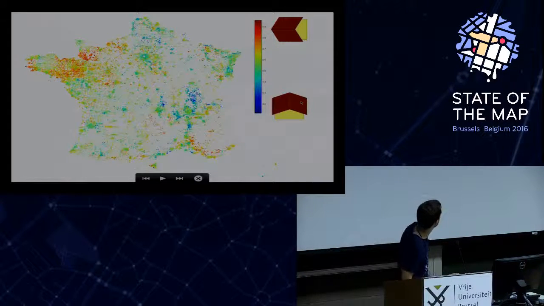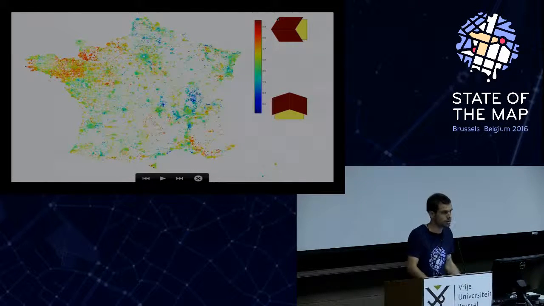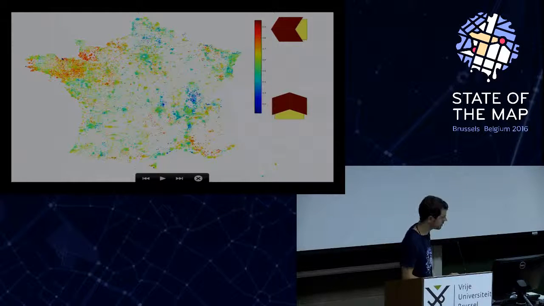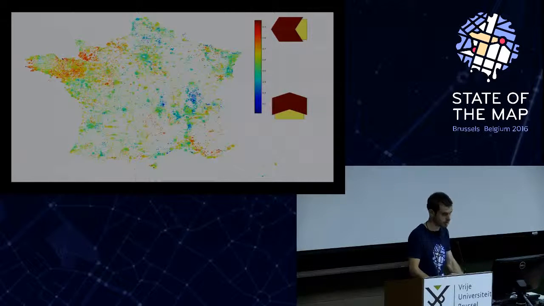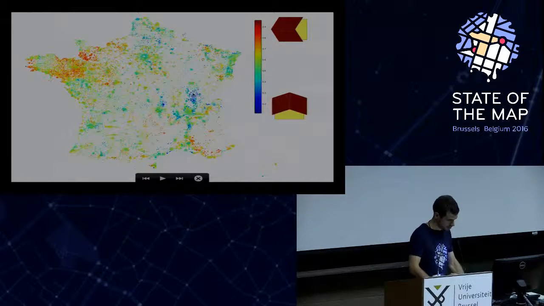Some regions have much more potential for solar panel implantation. And you can see some geographical features like the Rhône. And in big cities, you can have very extreme values.